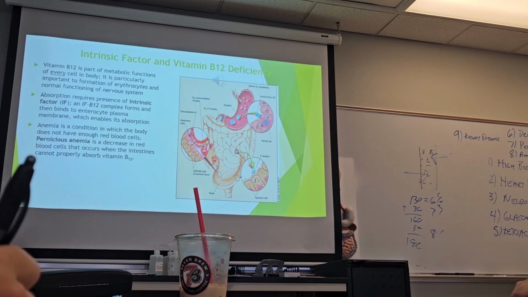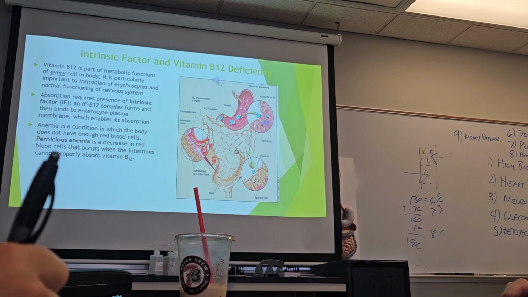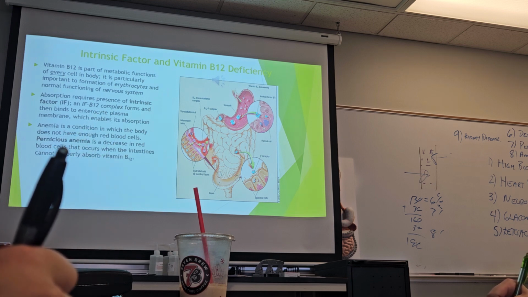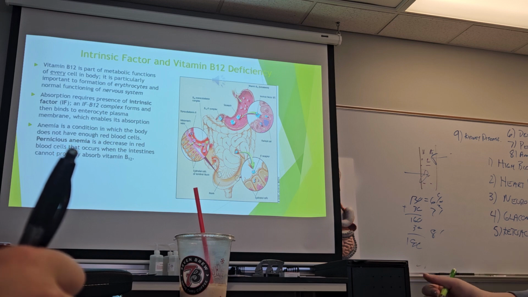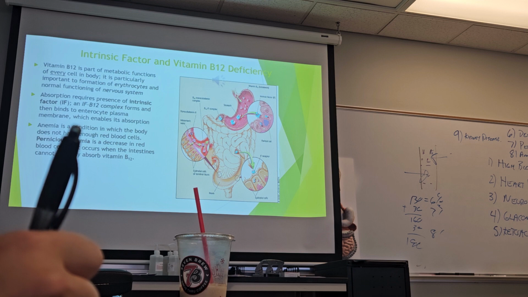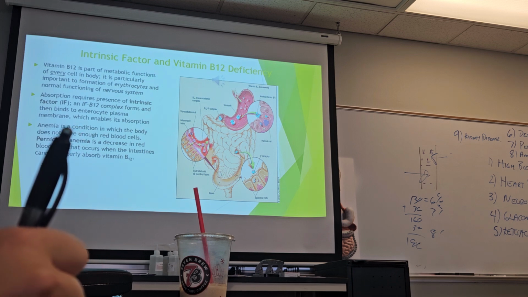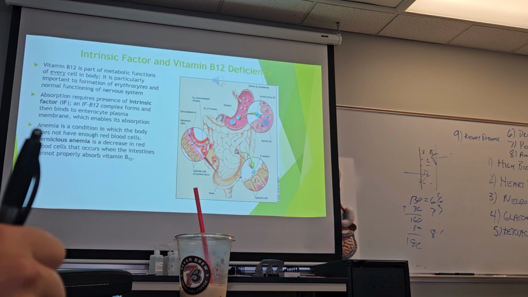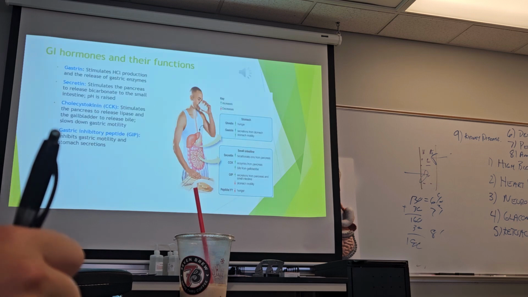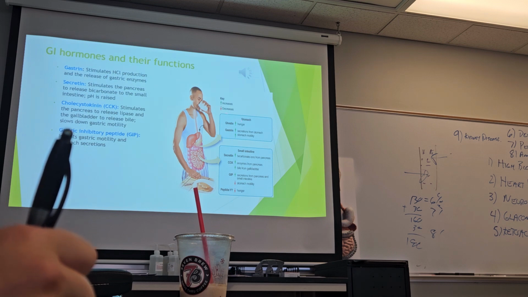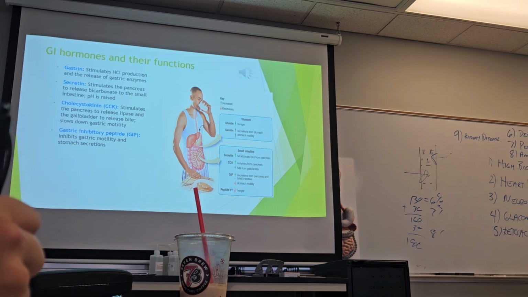So if you bypass the stomach, like gastric bypass, your patients are not going to have enough B12. And if you're a vegetarian, B12 comes from animal sources, so you're not going to get it. Let me just go back. There's your peptide YY and ghrelin, by the way. It's going to tell you what they do.